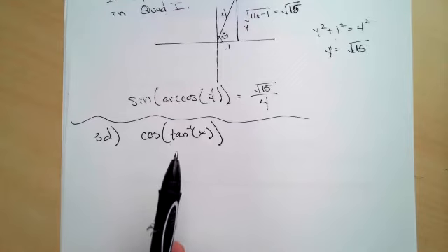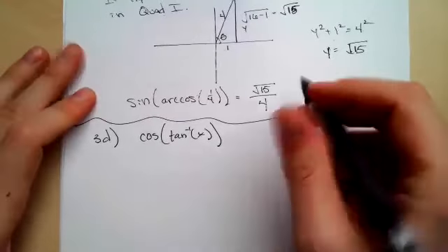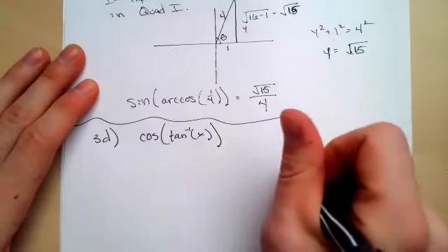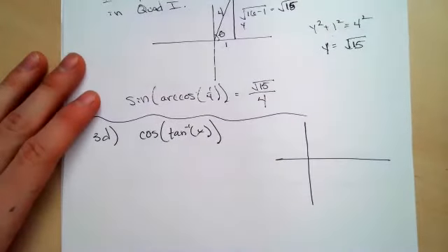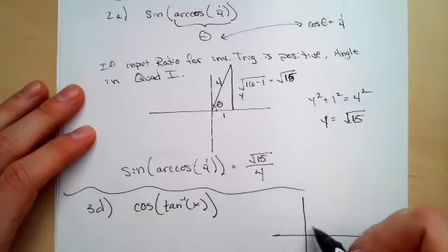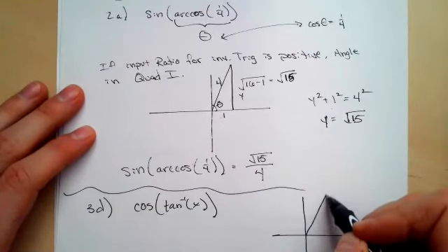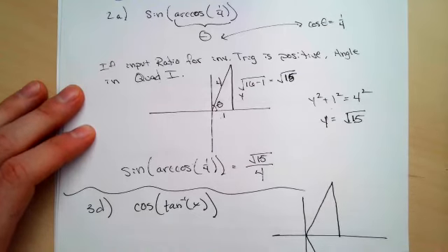You should not have any trig functions in your answer. So we have a similar situation, except now the only thing is I don't know what ratio to put in there. That ratio is given as a variable, which means I could have an angle in quadrant 1, or the angle could be in quadrant 4.